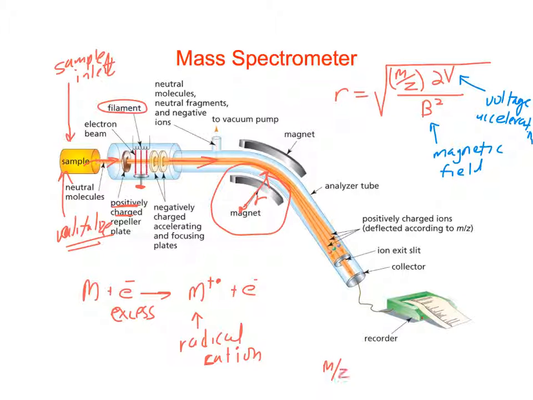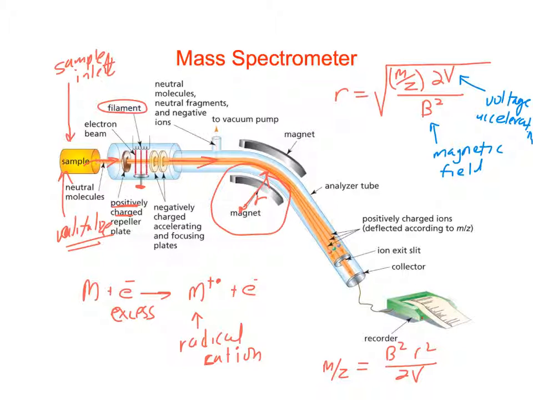Let's do this: m over z equals B squared R squared over 2V. So for a given mass to charge ratio, it will only have the right curvature to go through this exit slit to the collector when it has the correct combination of magnetic field and accelerator voltage.